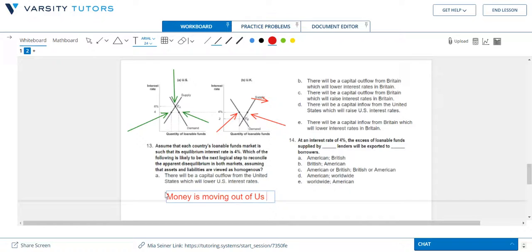And if people heard that you could get that same loan at 4% in Great Britain, money is moving out of the US, or certainly there'll be a capital outflow out of the US into the United Kingdom, which would eventually depress interest rates because the supply of money changes.